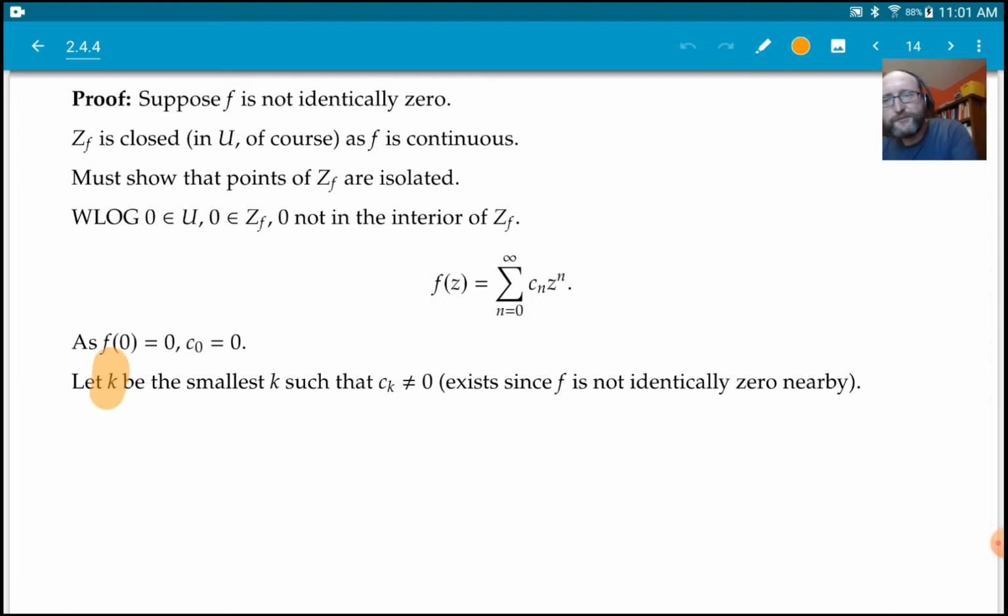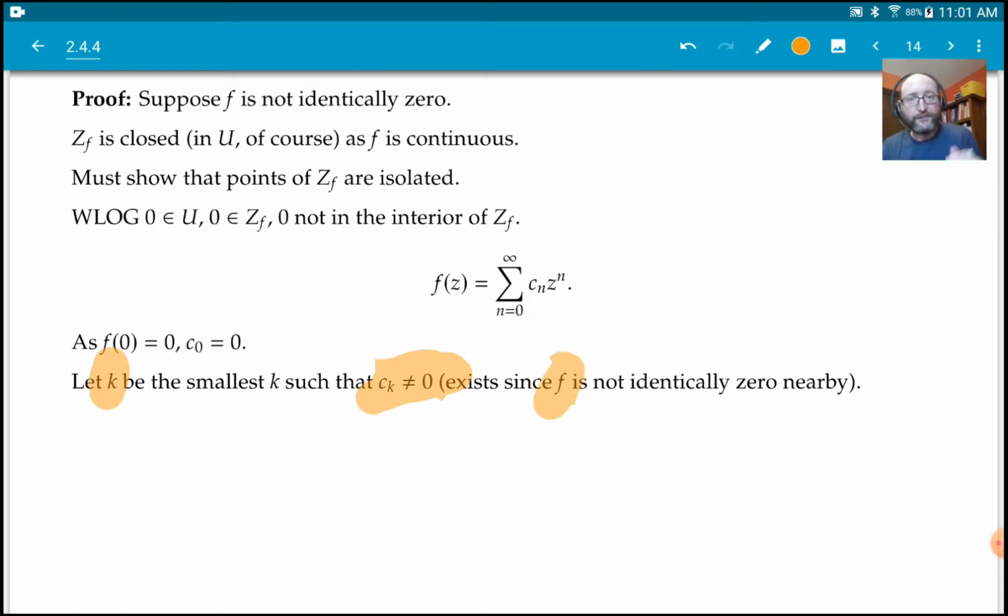Suppose that we take k to be the smallest k such that ck is non-zero. Now, whenever you say something like, let this be the smallest k such that ck is non-zero, you have to think, well, does that exist? You can't just take it if it doesn't exist. But here, it has to exist. Why? Because f is not identically 0 nearby.